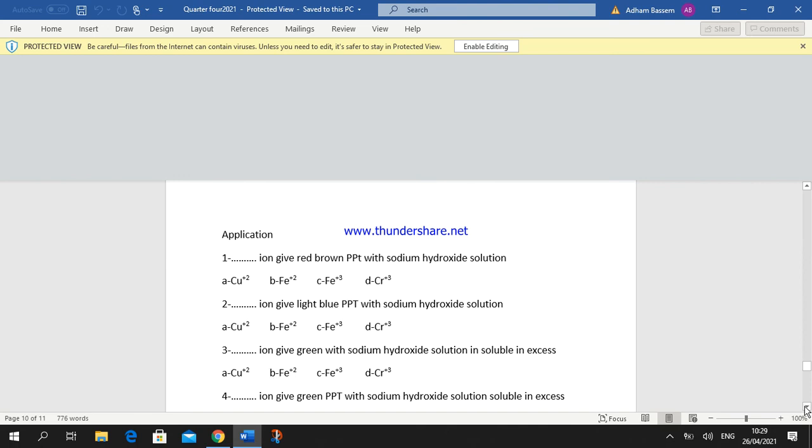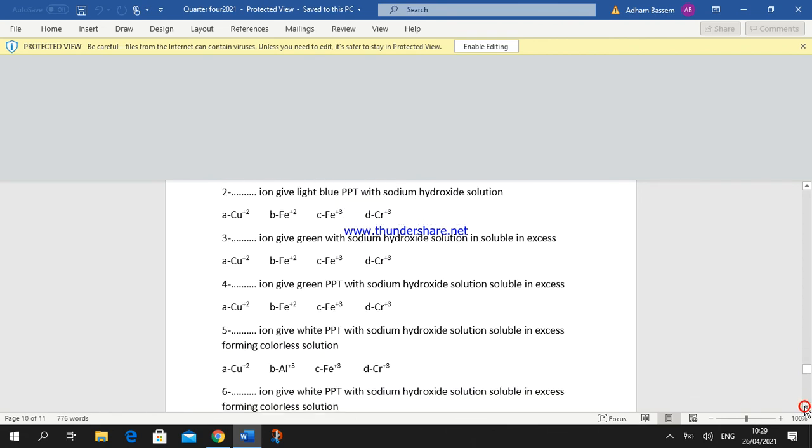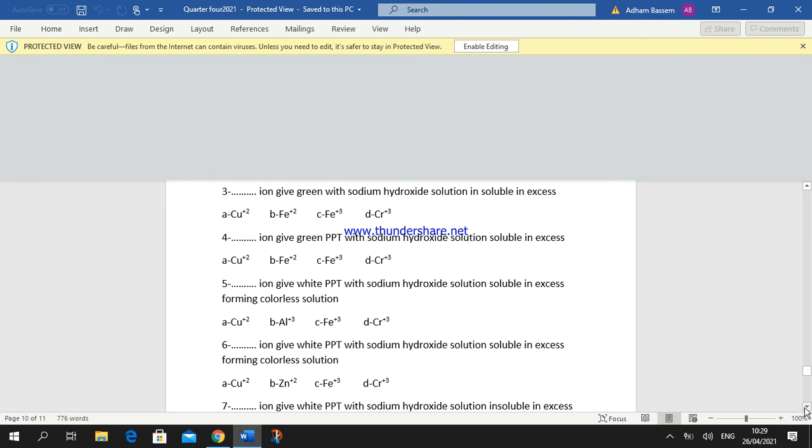Number 4, ion gave green precipitate with the sodium hydroxide solution and soluble in excess. The answer will be D, 4D. Number 5, ion gave white precipitate with the sodium hydroxide solution, soluble in excess forming a colorless solution. Aluminium, 5B.